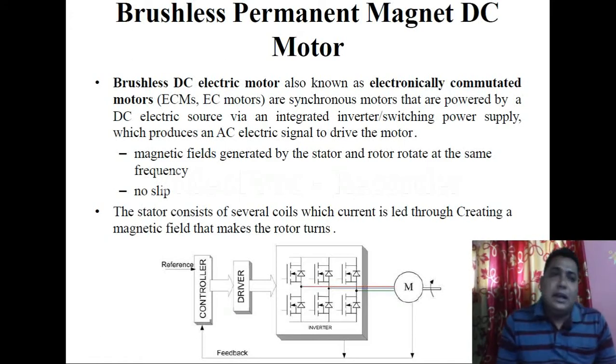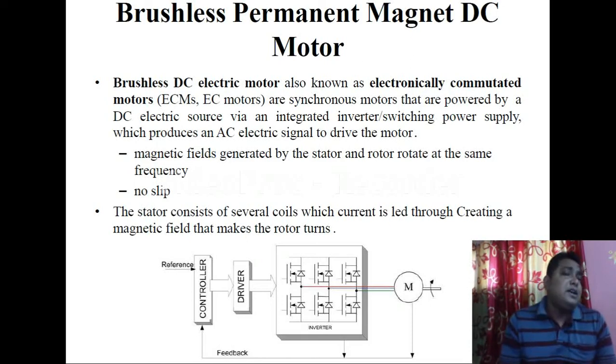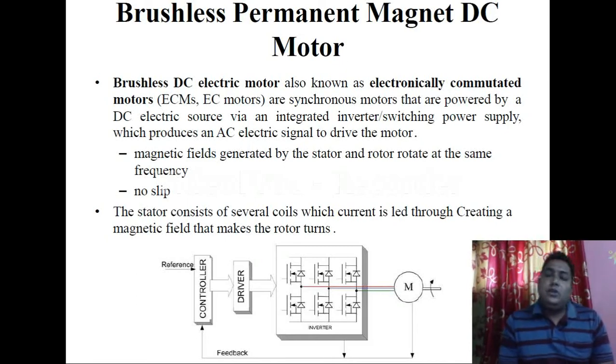So as Ns is equal to Nr, that means the rotor speed is equal to the synchronous speed. So there is no relative speed between them, and if there is no relative speed, there must not be any kind of slip.